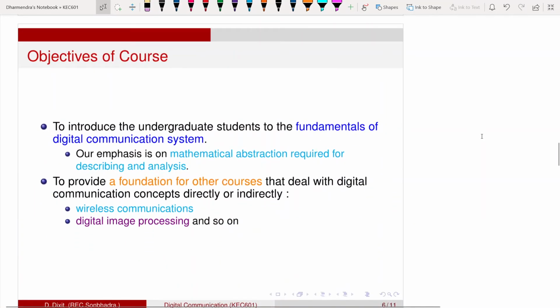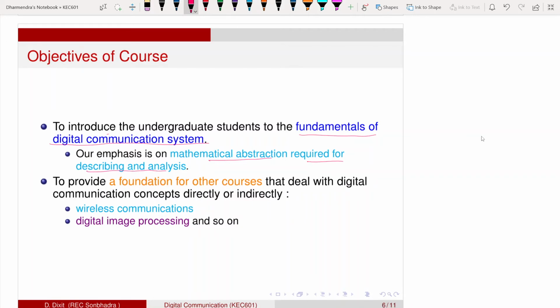So, what are the objectives of this course? The prime objective of this course is to introduce the undergraduate student to the fundamentals of digital communication systems. Our emphasis is on the mathematical abstraction required for describing and analyzing these digital communication systems.